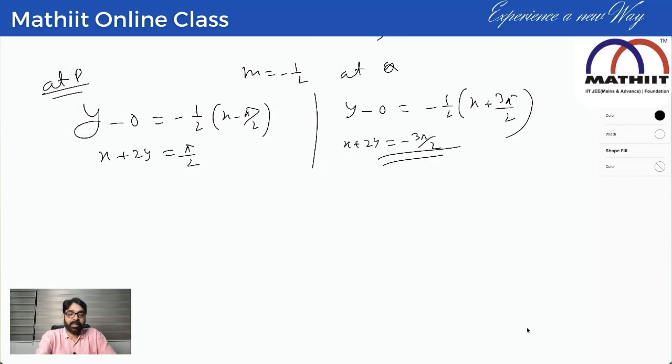Everybody has to WhatsApp it before tomorrow's class on this number, and make sure that it is submitted. Solve it. Don't try to use your brain for choosing which question I should do and which I should not. Your brain should be used only for solving questions.